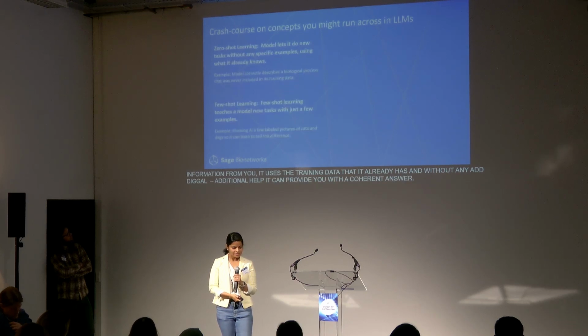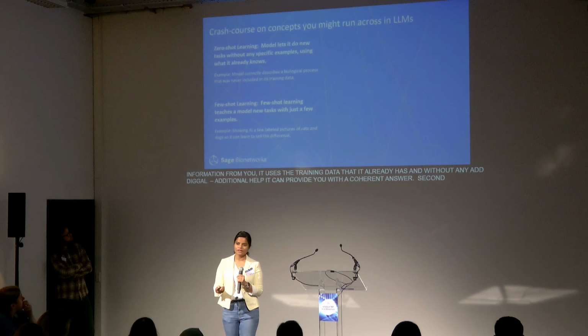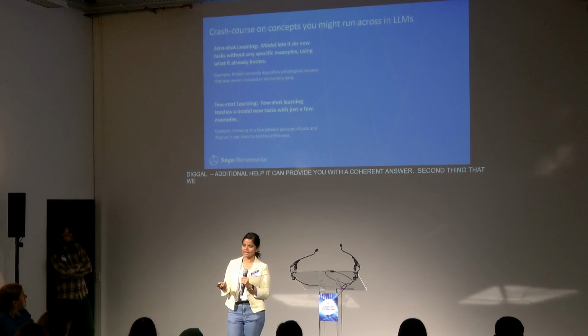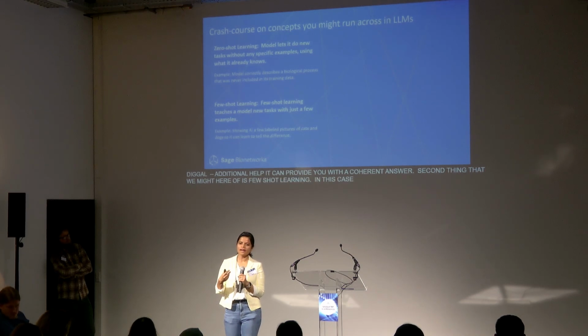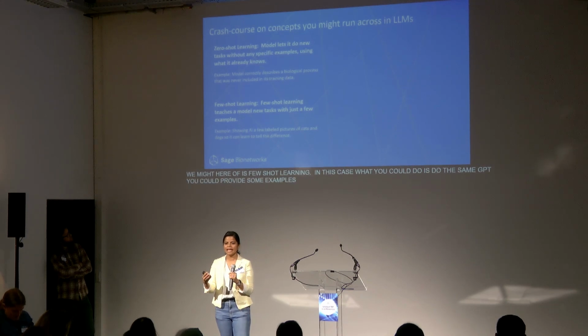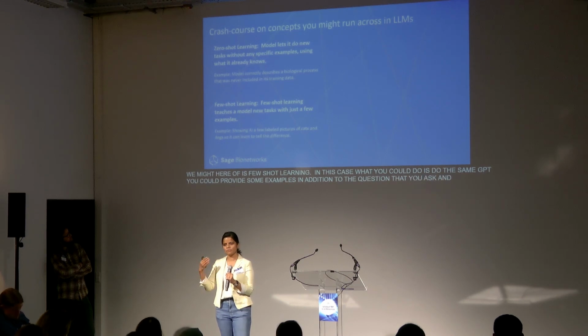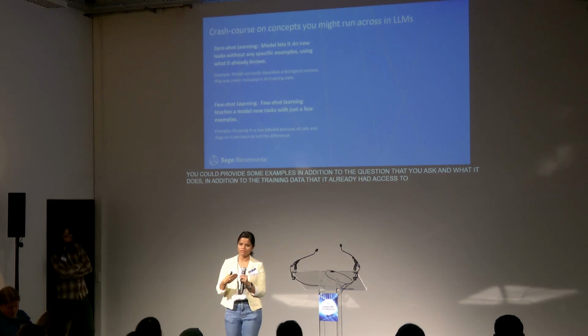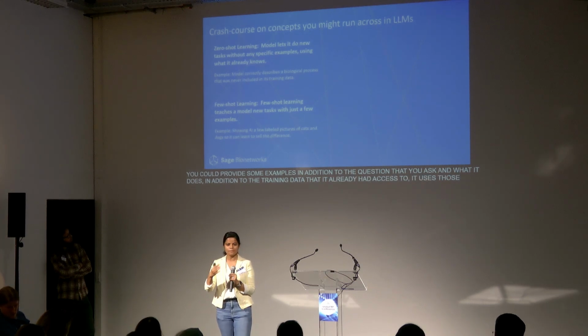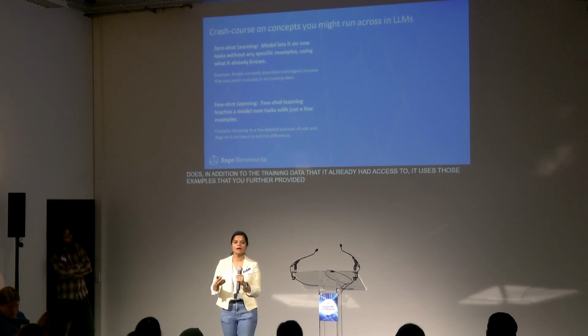The second thing that we might hear of is few-shot learning. In this case, to the same GPT, you could provide some examples in addition to the question that you asked. And in addition to the training data that it already had access to, it uses those examples that you further provided, learns from those examples, and provides you with an answer that is much more catered towards your question.